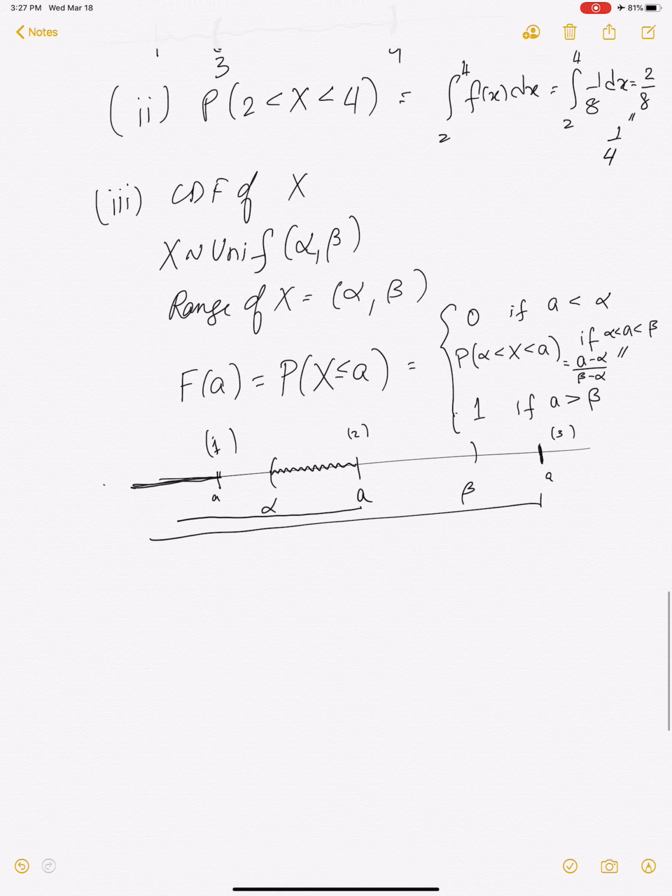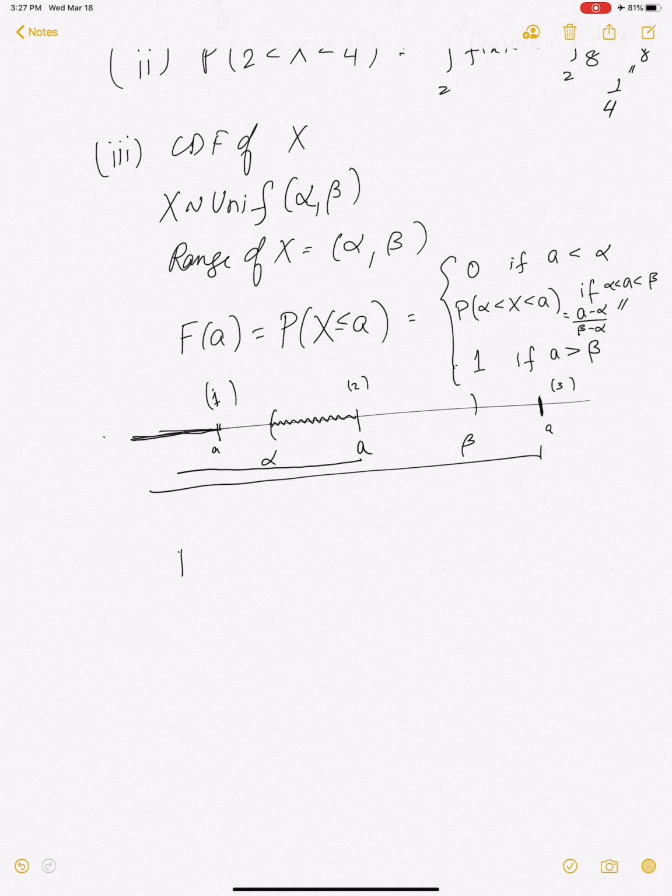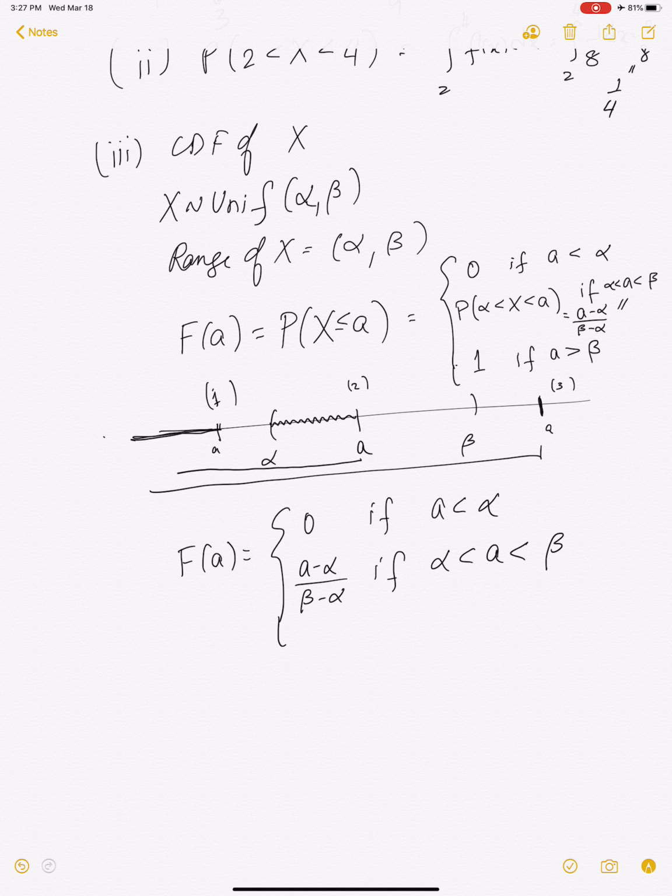Let's write this result down all together. F of a is 0 if a is less than alpha. It is (a minus alpha) over (beta minus alpha) if a is between alpha and beta. And it is 1 if a is bigger than beta.